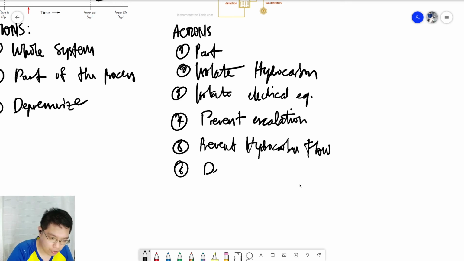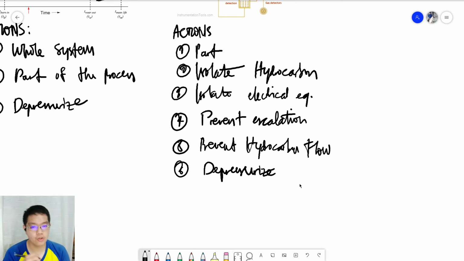Then we also depressurize. Again, similar to process shutdown, there are situations where we need to depressurize the system in order to prevent further damages from occurring.